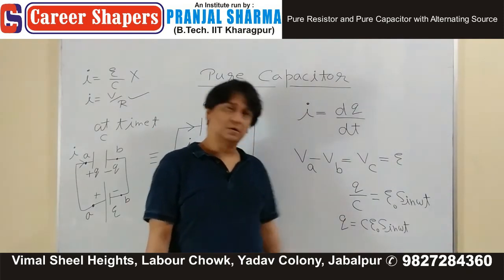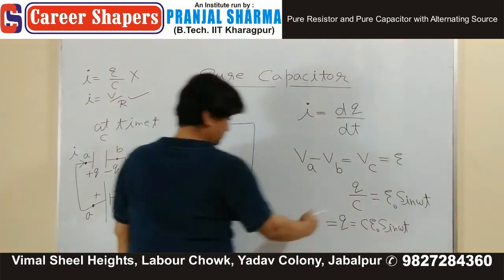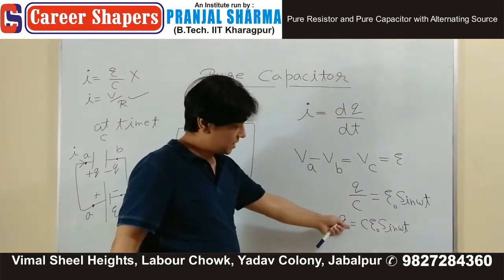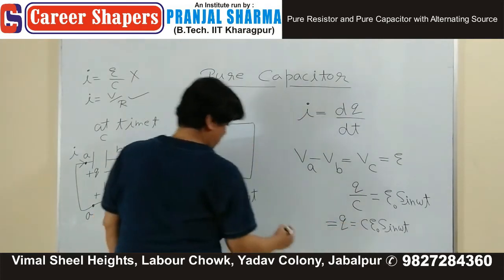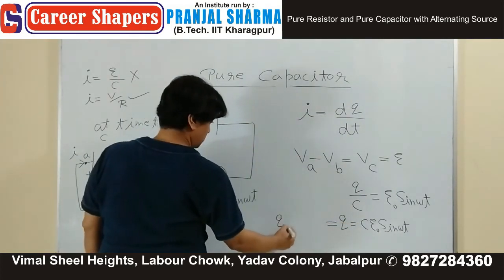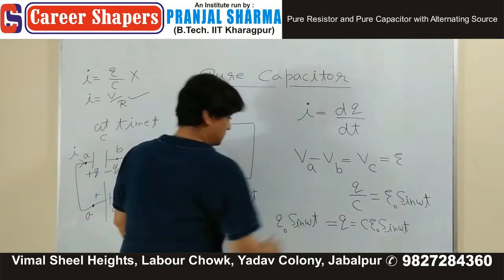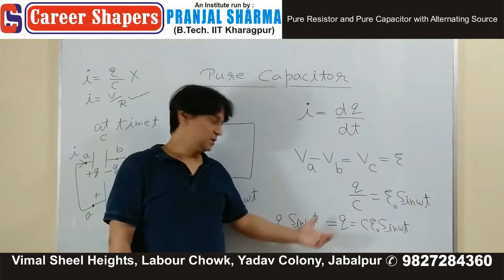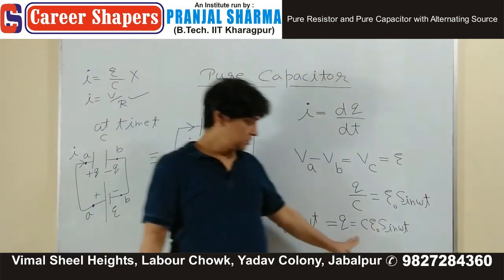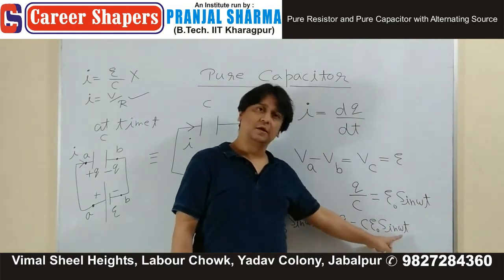This C E naught, if you wish, you can call it, let's say C E naught is Q naught. What is Q naught? Maximum value of charge.